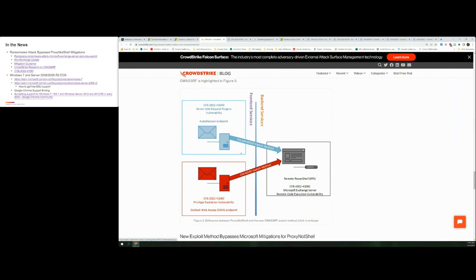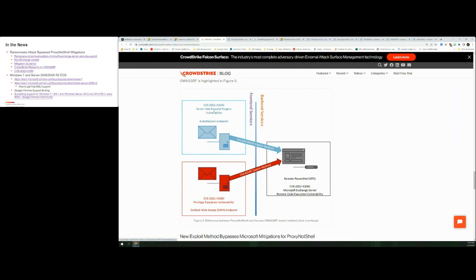But if you look at this, the original attack for ProxyNotShell exploited 41040 and then exploited 41082 to get remote code execution. So privilege escalation, remote code execution. It's an attack chain that allowed the attacker to do that.